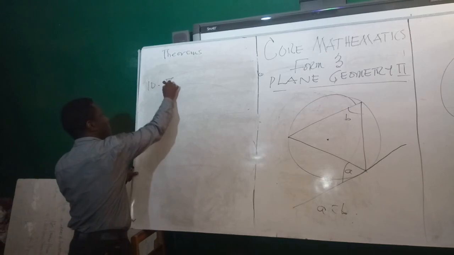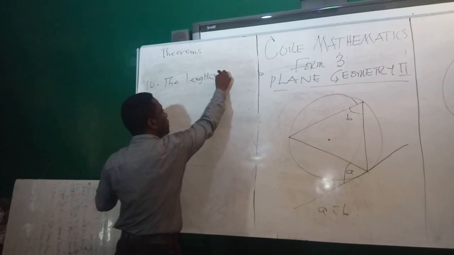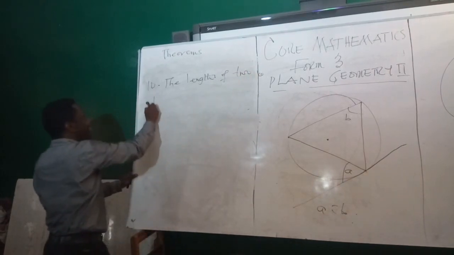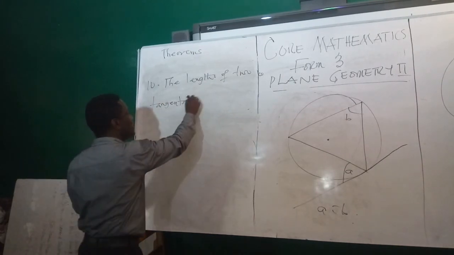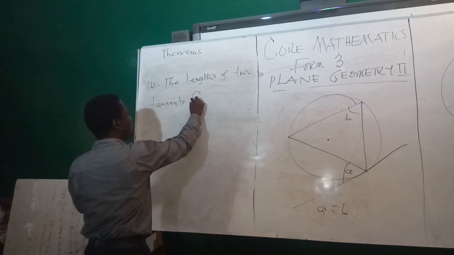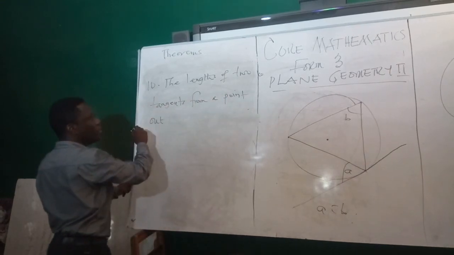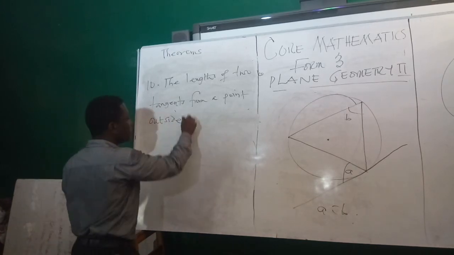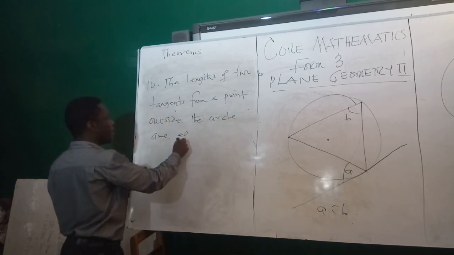The lengths of two, and write it well, two tangents from a point outside the circle are equal.